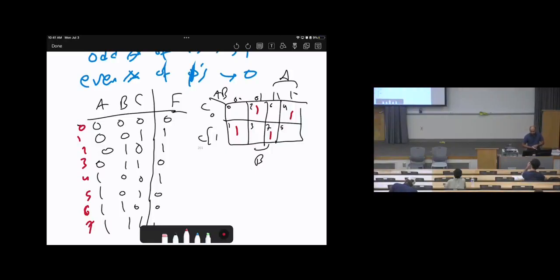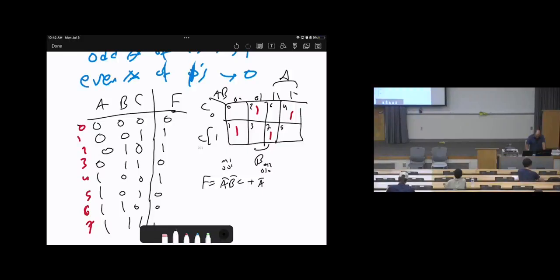Now, can we group this? We cannot group it. Therefore, there will be 4 separated functions. So f will be the first one, which is for M1. Then it's going to be A bar, B bar, C, because M1 will be 0, 0, 1, plus M2, which is going to be 0, 1, 0.